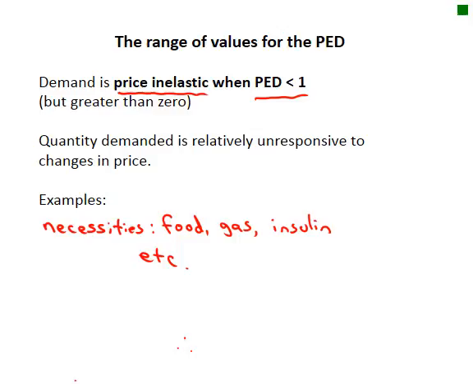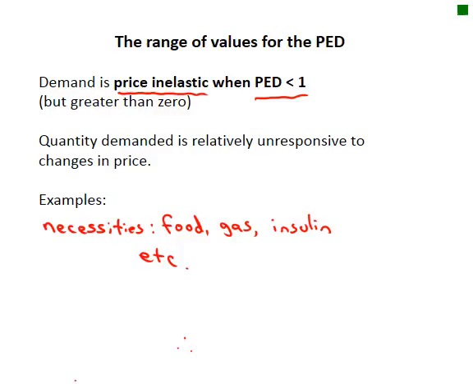So the range in values. We say that demand is price inelastic when the PED is less than 1, but greater than 0. Quantity demanded is relatively unresponsive to changes in price. So what might not change much in response to a change in price? Well, we know that necessities. If the price goes up, you're not going to buy a lot more.